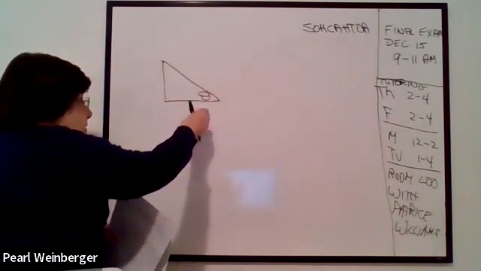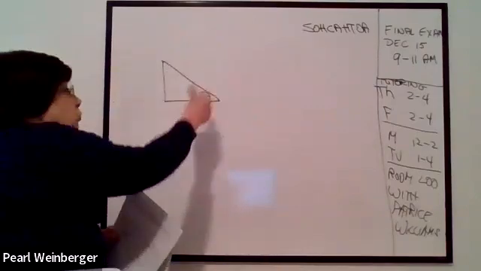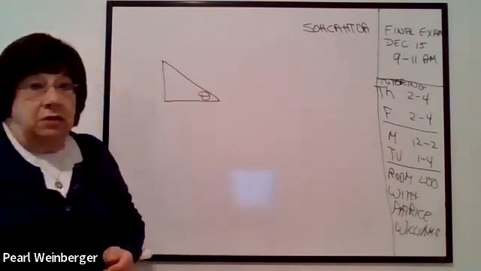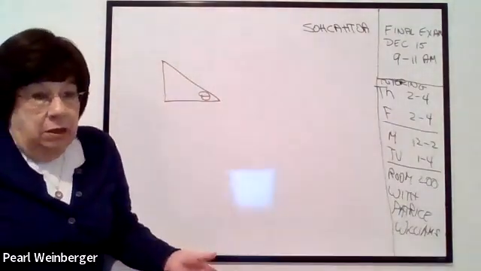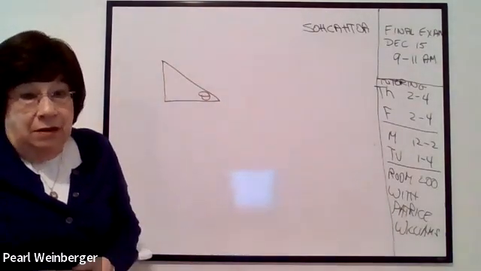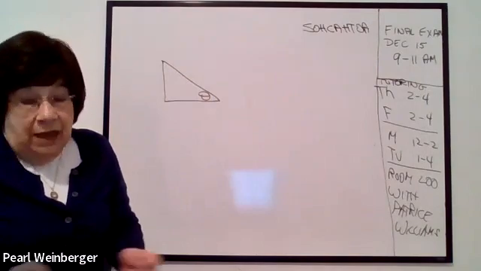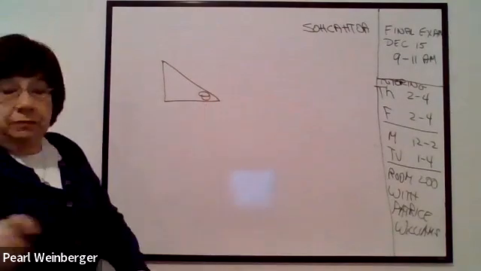And they're putting this symbol here, which is a Greek letter called theta. It's just the same thing like an X or an A, it's just a letter. Specifically, when they use Greek letters, they mean it's the name of an angle. So this is going to be called angle theta.